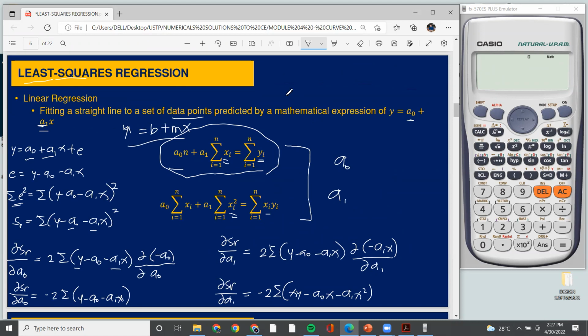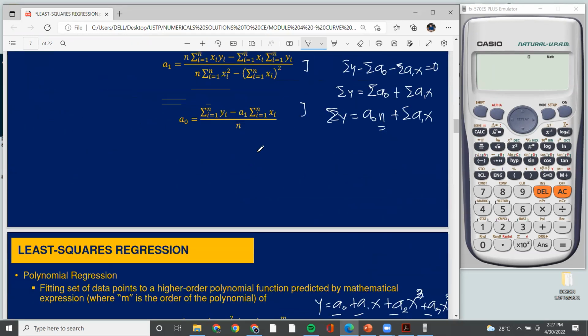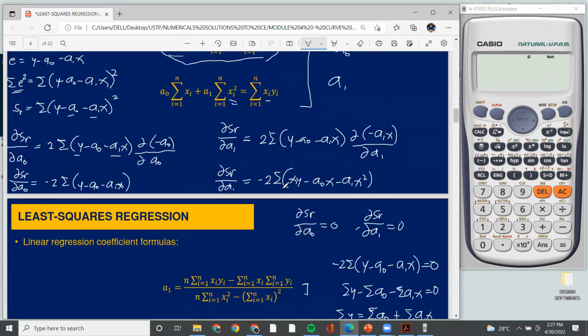ng summation. The subscript is notation lang siya. Okay? And then, same lang yapon diri dayon sa kani, derive na equate na to 0. Cancel si 2. Then, summation of xy, mo ni siya.